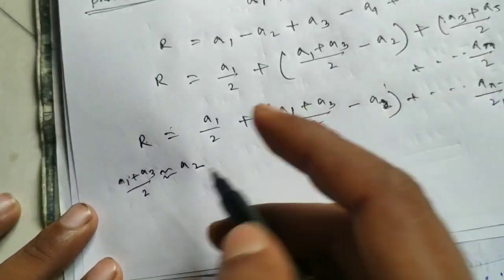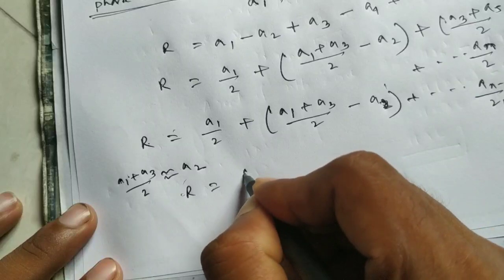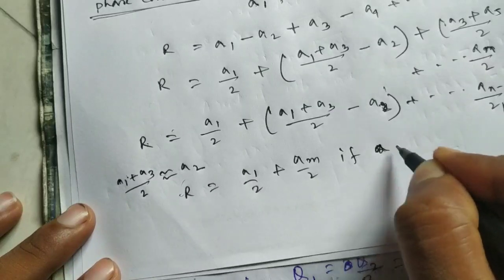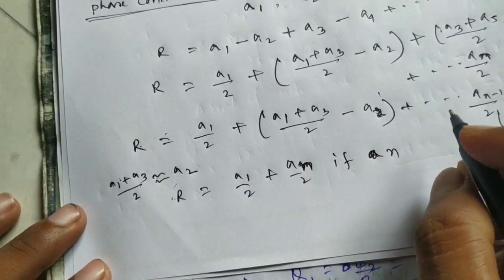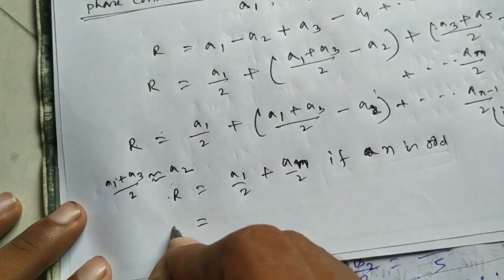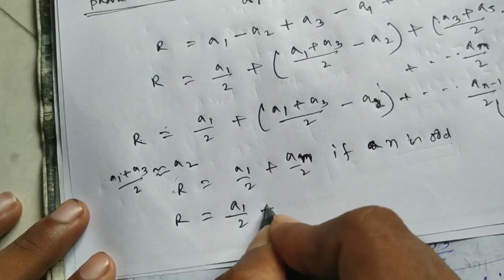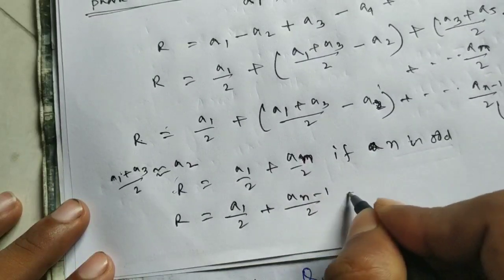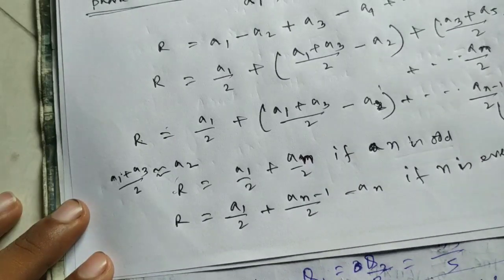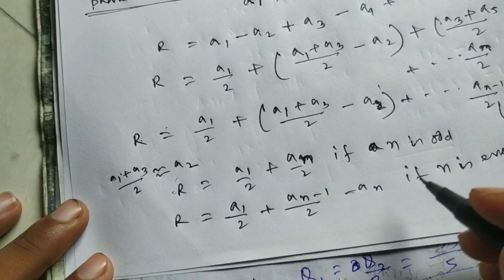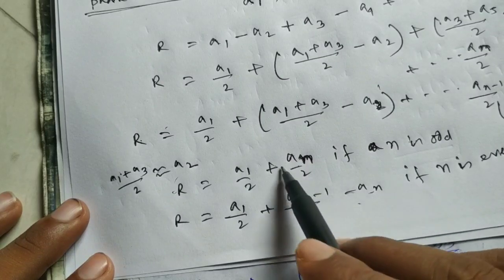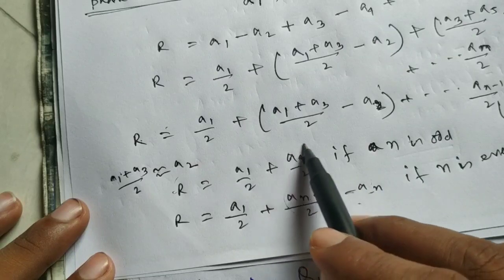So the resultant disturbance R equals A1 by 2 plus An by 2 if n is odd, and R equals A1 by 2 plus An minus 1 by 2 minus An if n is even. If n is very large, we can neglect these factors.